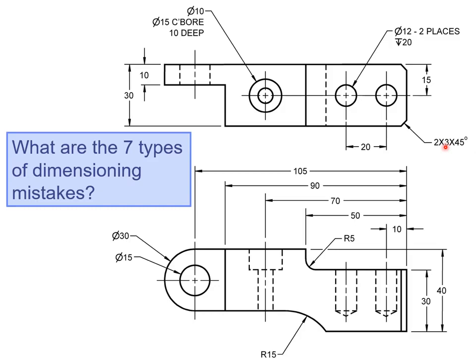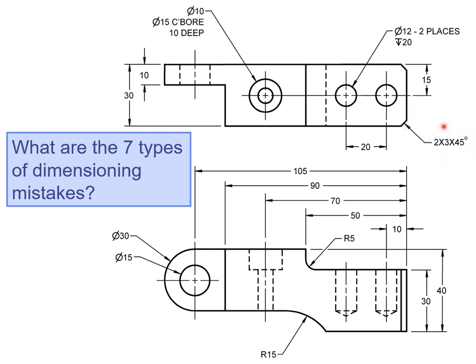Then we should have space, 3, space, x, space, 45 degrees. That tells us it's 3 by 45. From an imaginary intersection point to this point, it's 3 units with an angle of 45 degrees. Again, the 2x tells us that there are 2 chamfers.